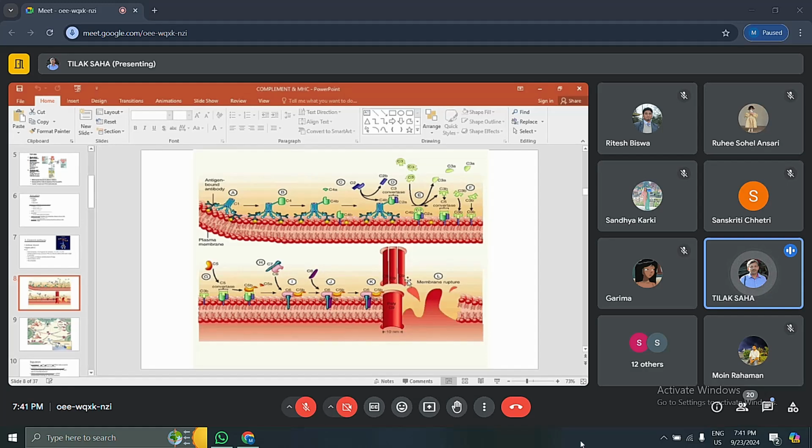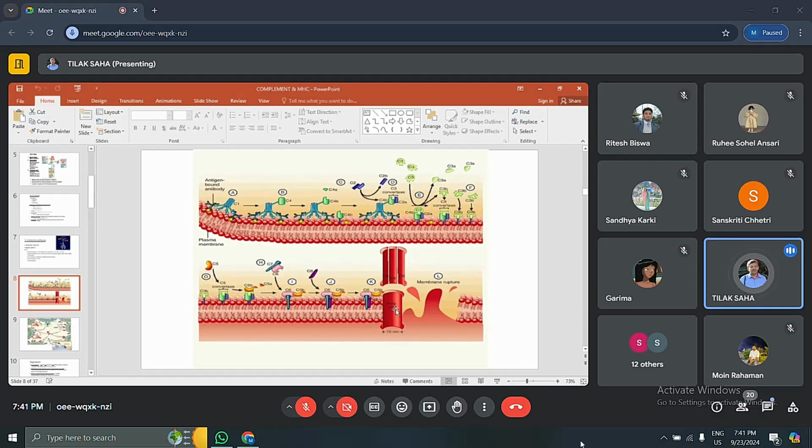And this C9 molecule has a particular feature. These are all proteins, right? C9 molecules have certain regions where the hydrophobic amino acids are rich in number. If they have hydrophobic amino acids, they can easily be engraved into the membrane. Now what happens?